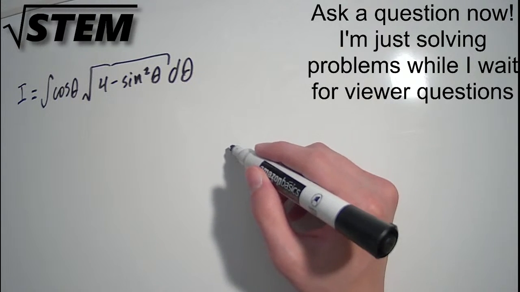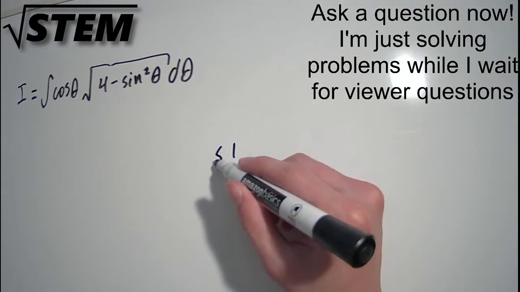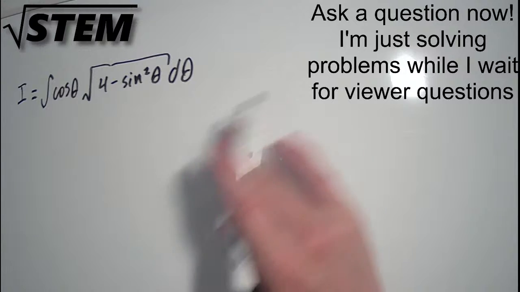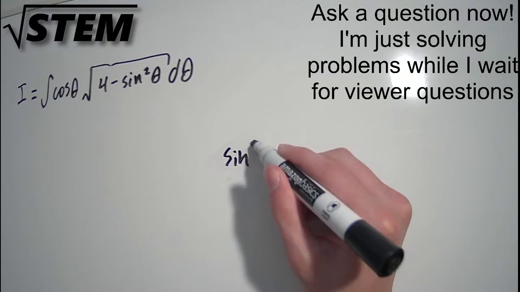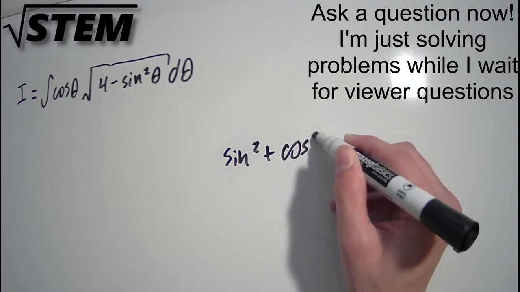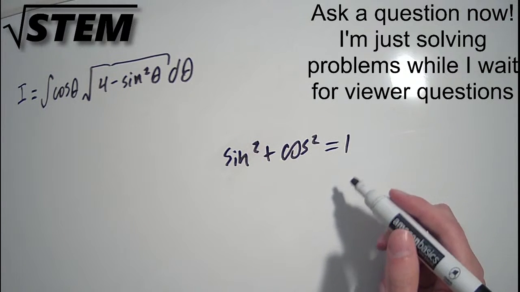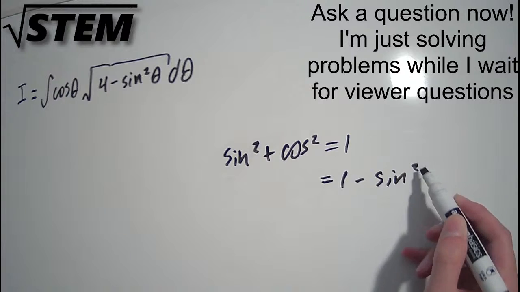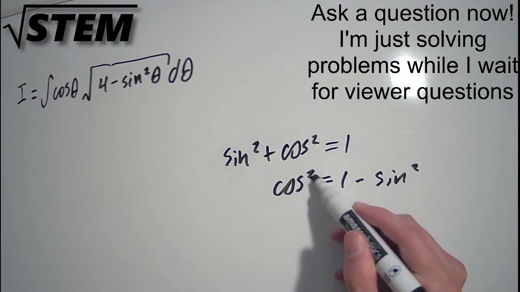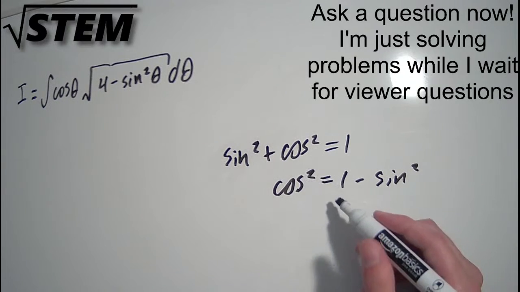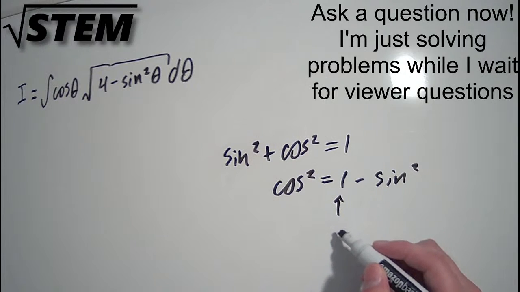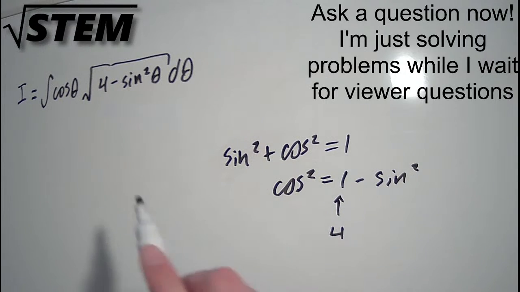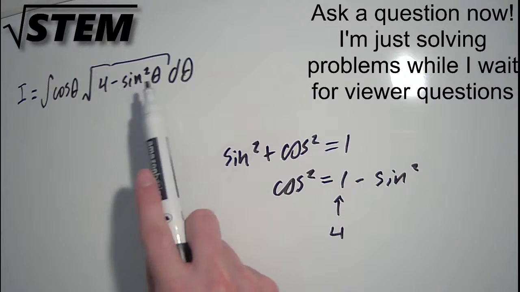Because since sine squared plus cosine squared equals 1, then that means 1 minus sine squared equals cosine squared. But that is not 4, and we have 4 minus sine squared.